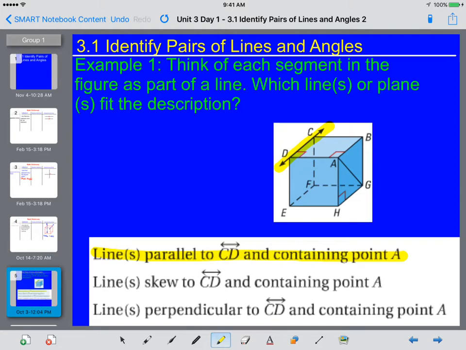We need a line that's parallel to it and contains point A. Here's point A. I go from A to B. AB is on the same plane as CD. So we would have line AB.